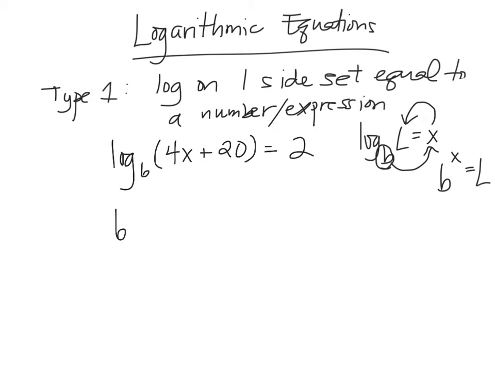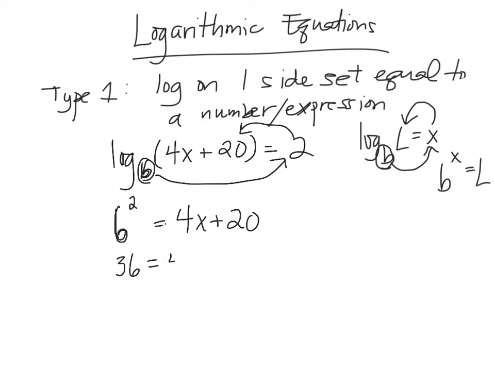So we can do 6 to the second power equals whatever's in these parentheses. This is a 6, not a b. So 6 squared is just 36.